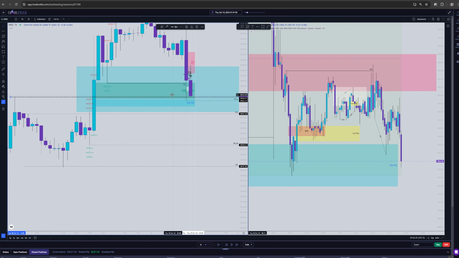That looks nicer to me. Oh, all the blue overlays. 15 minutes. Damn, it's getting pretty hard to see. 30. I feel like I just get rid of this 4 hour. There we go.